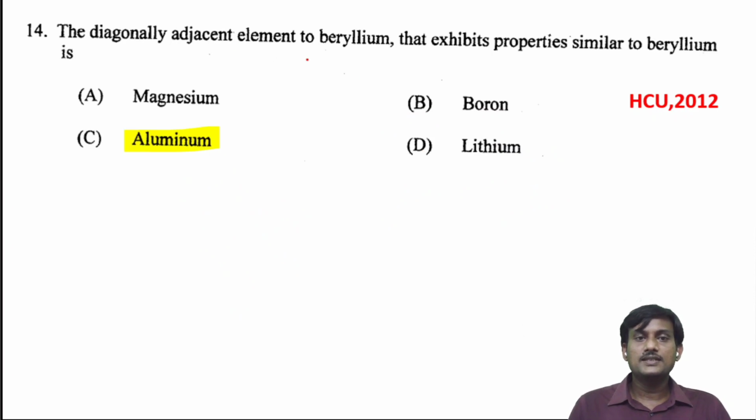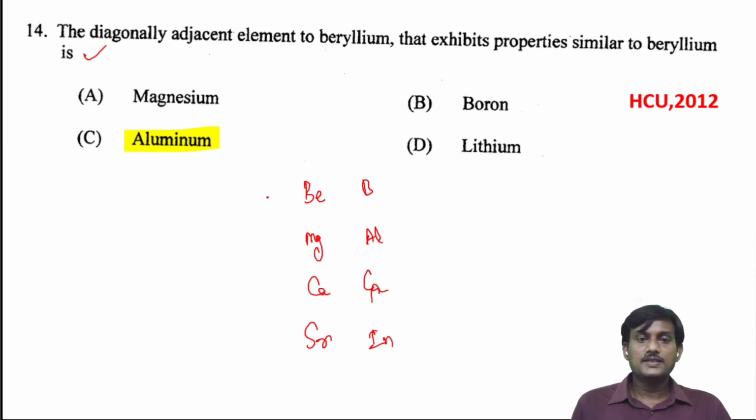The diagonally adjacent element to beryllium that exhibits properties similar to beryllium. There is a diagonal relationship between a second period element with the next group third period element. Suppose you take beryllium, this belongs to second group: beryllium, magnesium, calcium, strontium, and the next group is boron, aluminum, gallium, indium, thallium.